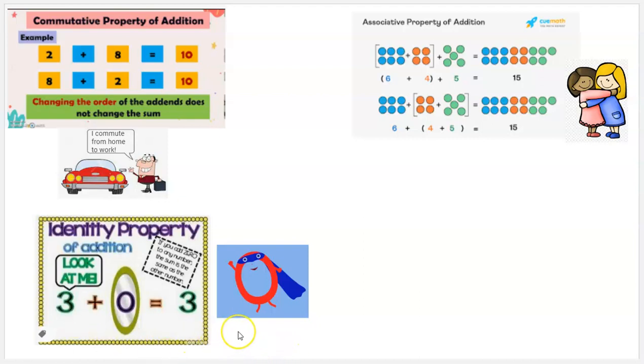One way to remember the identity property's name is to think about 0, our superhero. When superheroes have different personas that they use, like Superman being Clark Kent and Superman, the person itself really is still the same.